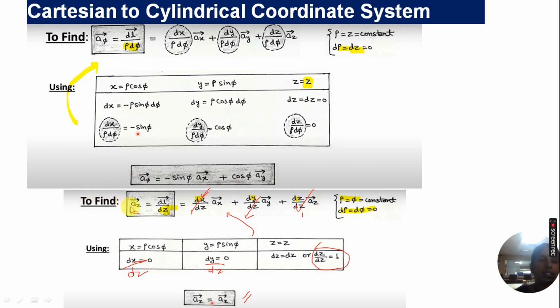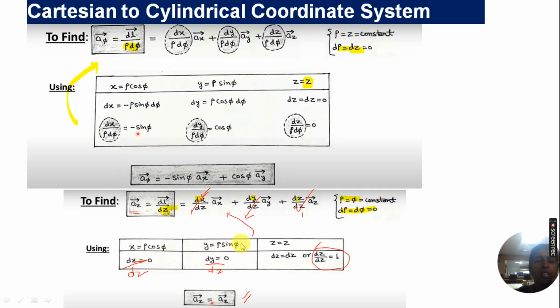To find the third unit vector, that is az cap, we have to differentiate dl, this Cartesian coordinate differential length element, with respect to z. In that case, the other two coordinates rho and phi will be constant and differentiation of them will be 0. Taking x equals rho cos phi, if we differentiate with respect to z, it is 0 because there is no z term.